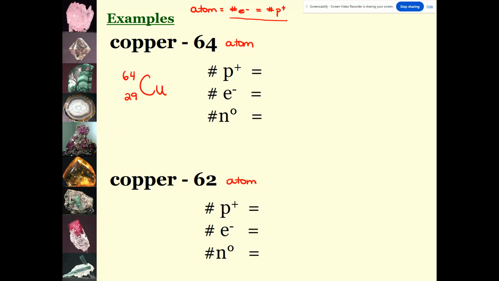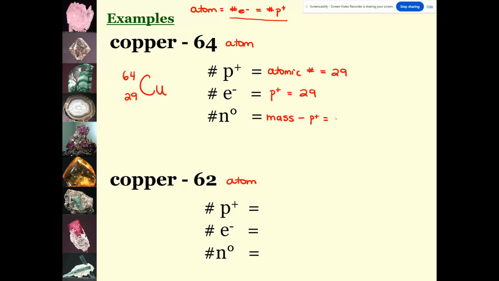Okay, so for this copper 64 isotope, remember the number of protons is the atomic number. And the atomic number we just discovered was 29. The number of electrons equals the number of protons, which is also therefore 29. And then the neutrons is the mass number minus the protons.